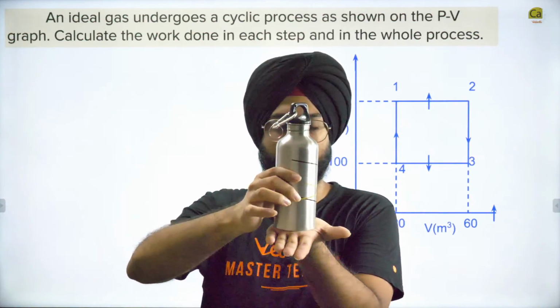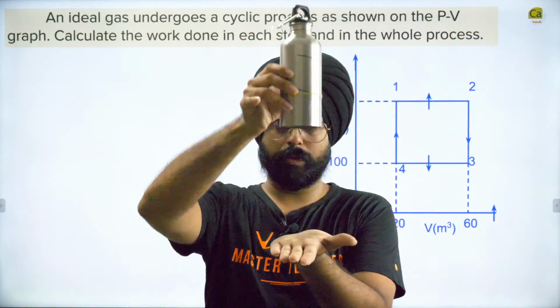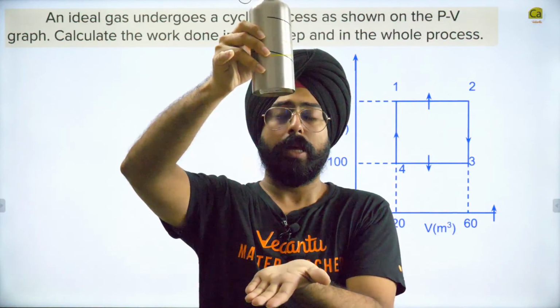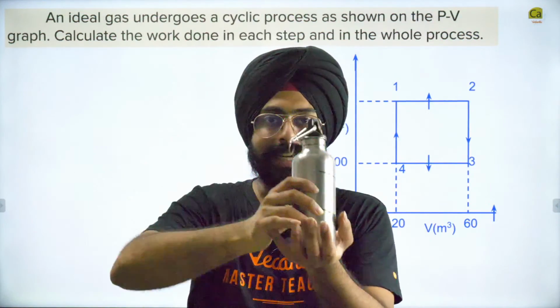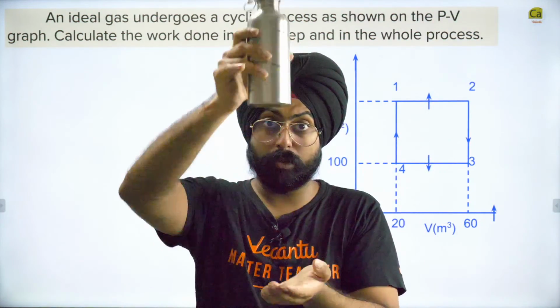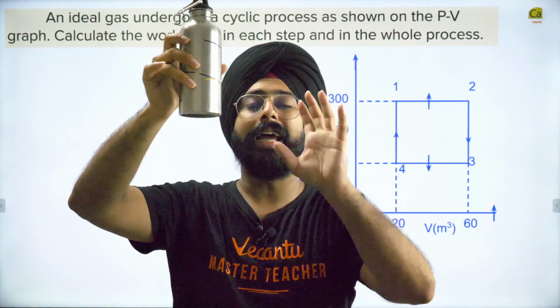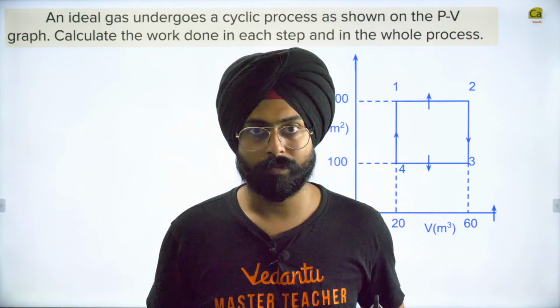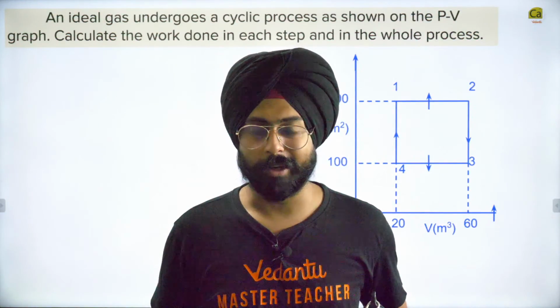Initially it was here, then I put it here, so this is the height, and you can calculate the difference in potential energy. My dear friends, does it matter what is the exact potential energy here? No. I only worry about the difference in potential energy. Do you see where I'm going?